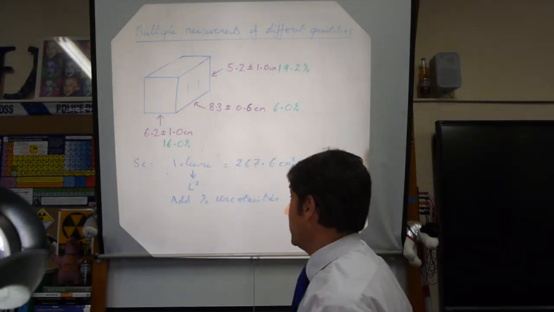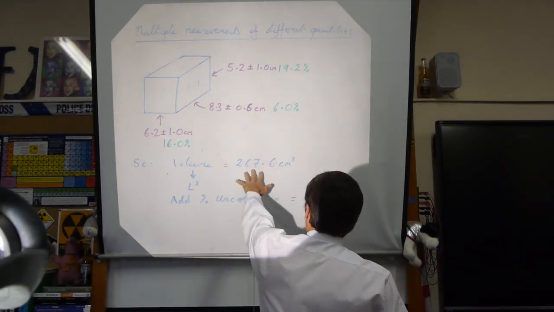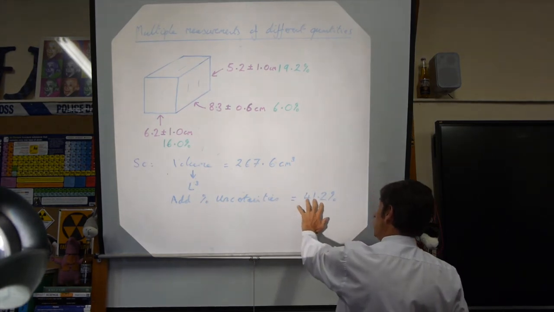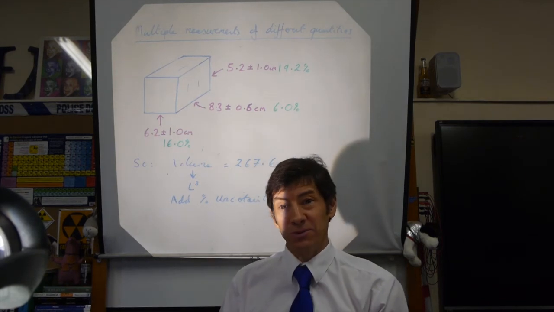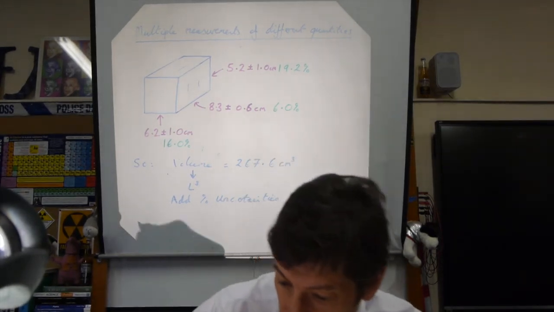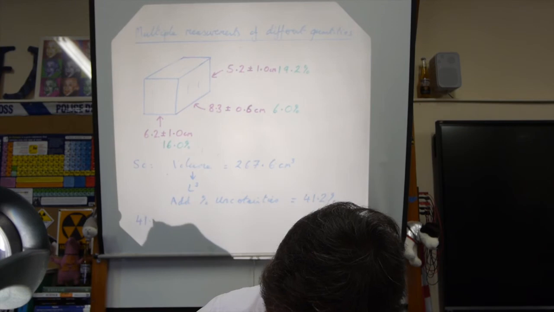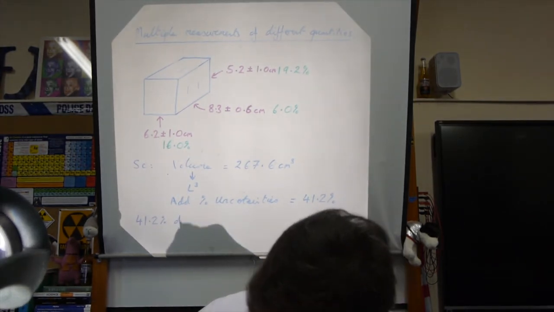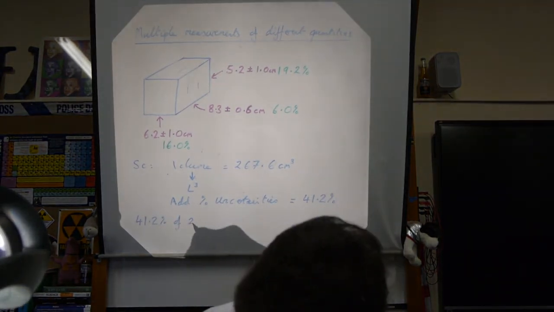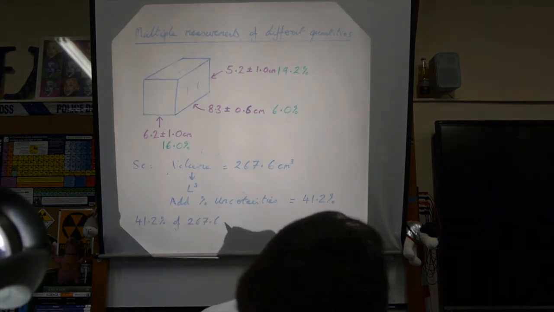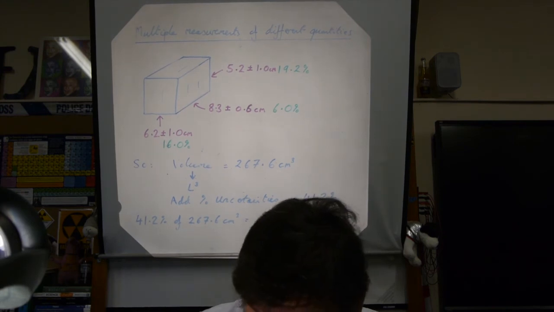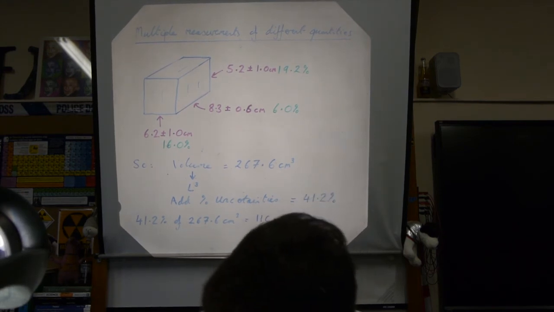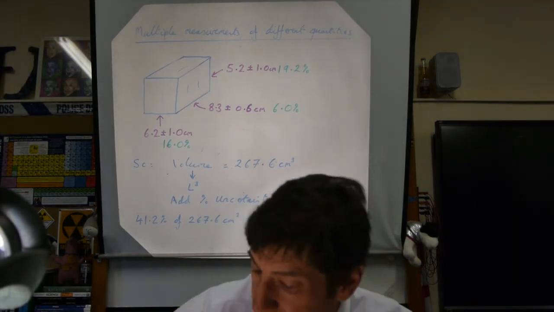So you could say, okay, we know the volume, and there's a percentage uncertainty of 41.2%, or we could work out the absolute uncertainty. So 41.2% of our volume, 267.6 centimetres cubed, is equal to 110.3 centimetres cubed.